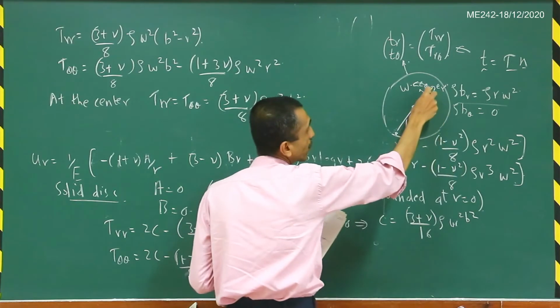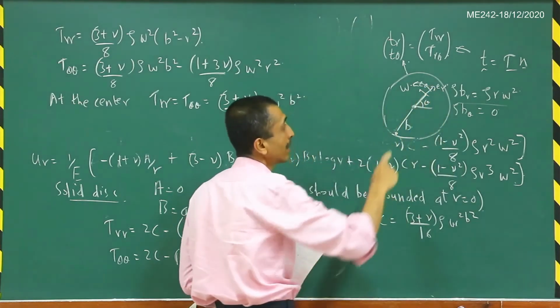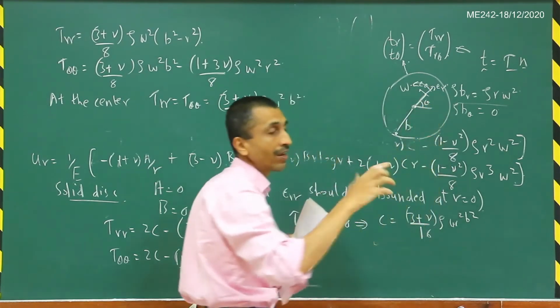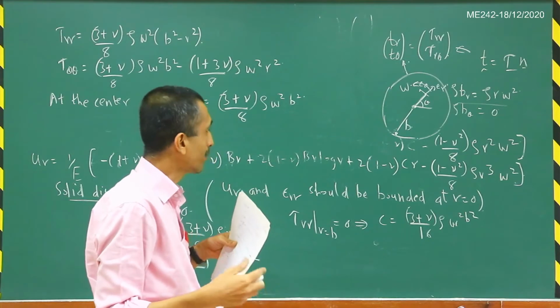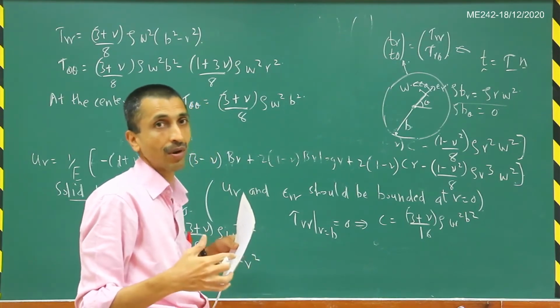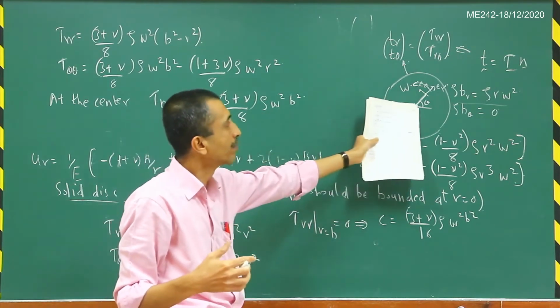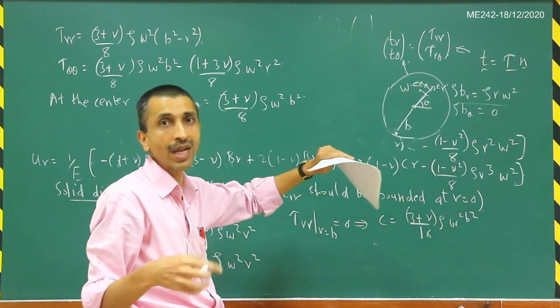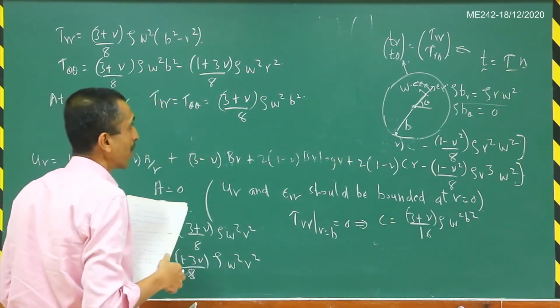But if you now bring this point to the center, then this theta itself becomes ambiguous, correct? And so in that particular case, at least in axisymmetric problems, you will see that tau r will be equal to tau theta theta because the theta itself becomes ambiguous at that particular point.